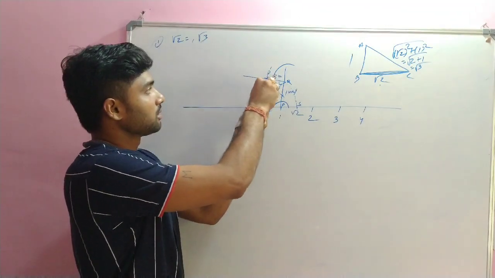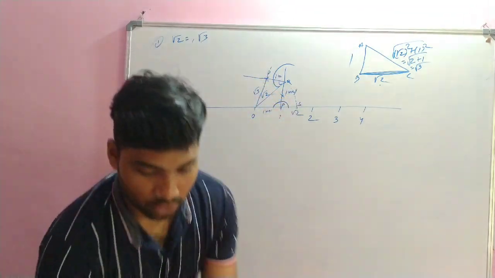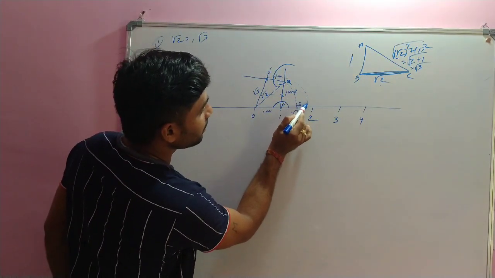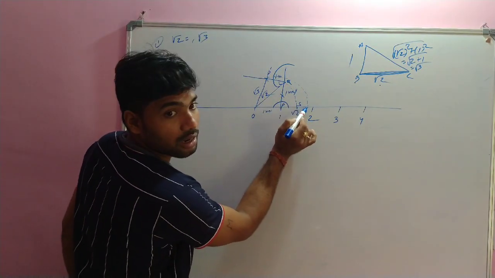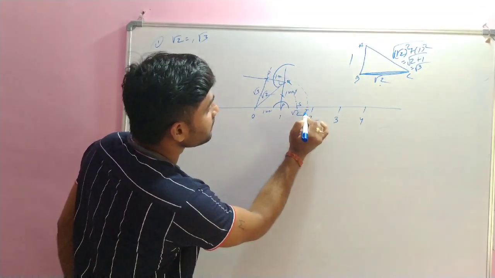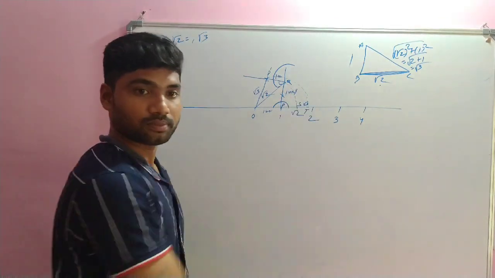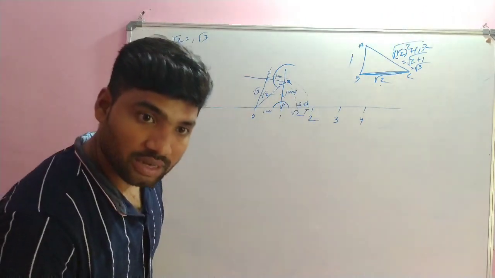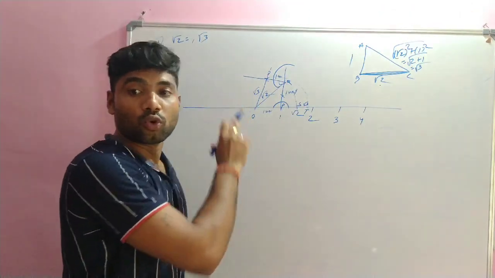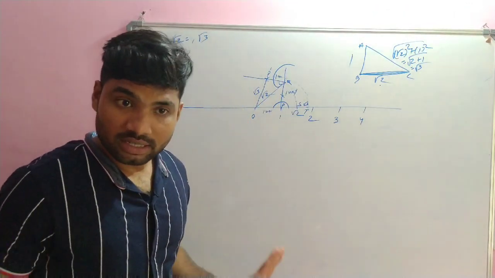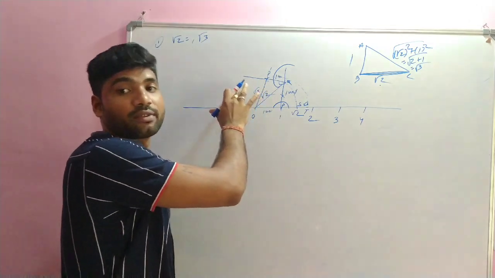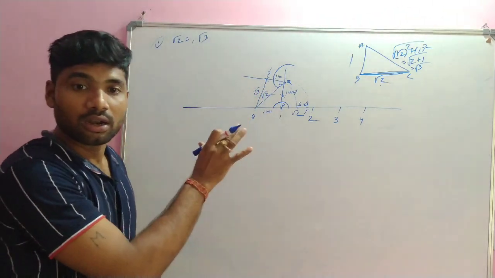Draw like this, and it will intersect the number line at a point. Suppose this is T. This one is root 3. Similarly, you can represent root 4. Root 4 is not an irrational number, it's a rational number. But similarly, you can represent root 5, root 6, root 7 on the number line.